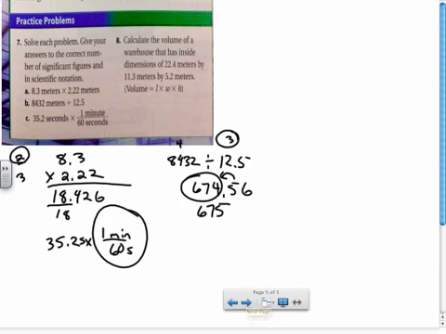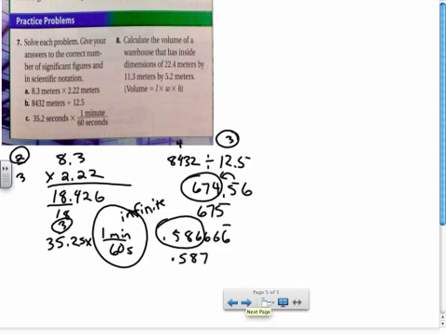So if I do this on the calculator, I get 0.5866 repeating. And this has an infinite number of significant digits. Infinite. And this has 3. Well, 3 is the smallest of those two, so my answer has to go to 3. So right about there, 5.866 rounded up, 0.587 minutes. That's what you can do.